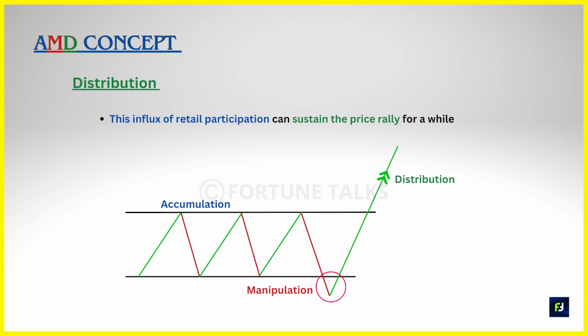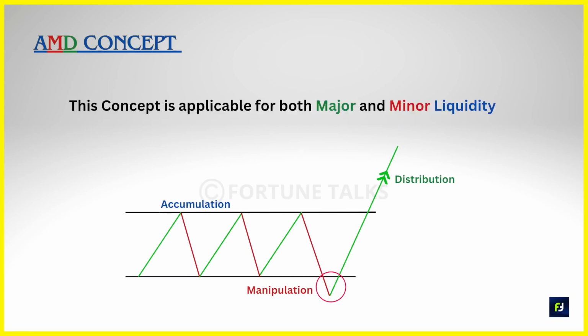This AMD concept emphasizes that recognizing these phases is essential for successful trading. By understanding when smart money accumulates, manipulates, and distributes, traders can align themselves with the dominant forces rather than getting caught on the wrong side of things. So this is the whole concept behind inducements also. There are other significances of inducements which we will talk about in a short while.